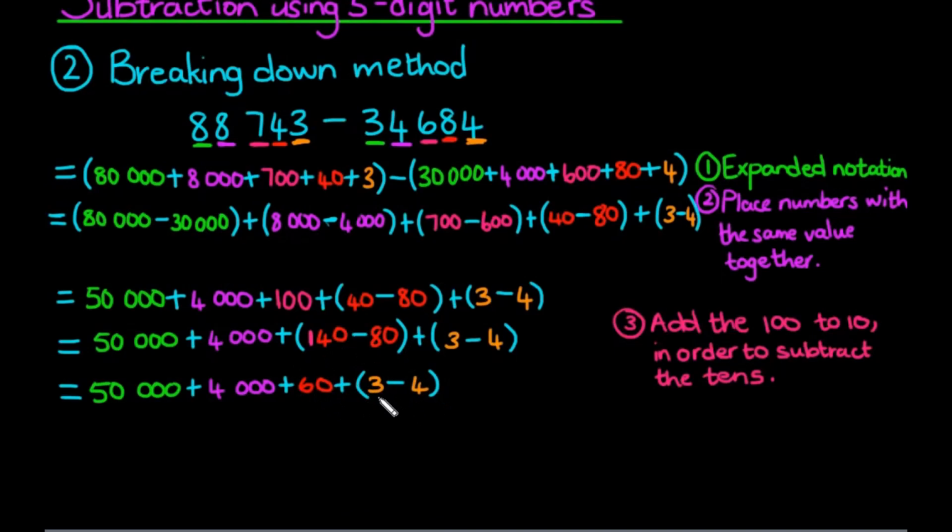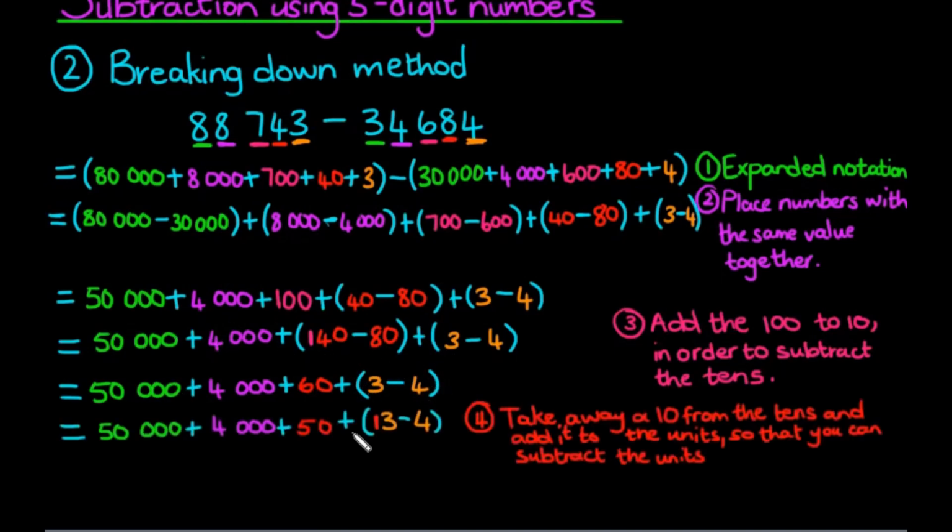Now the units, we cannot at this stage subtract 4 from 3 because 3 is smaller than 4. So in this instance, we're going to have to do what we did with the tens, where we had to add 100. Now we need to add a 10 to the 3.